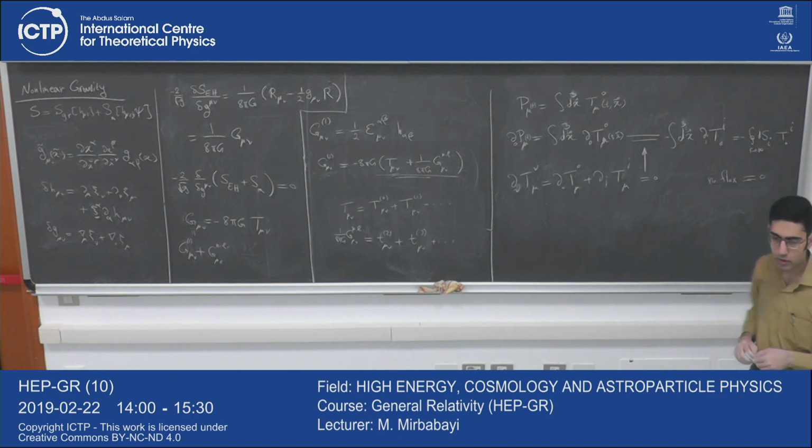Okay, now the question is: in our gravitational theory, can we have a similar thing? Can we associate a conserved energy and momentum to the system? Now you can see that the natural candidate fails in this case.